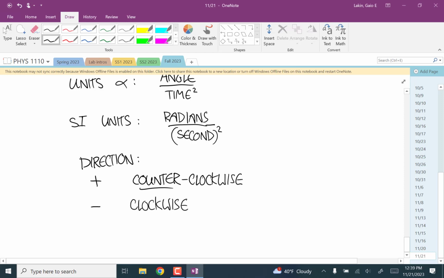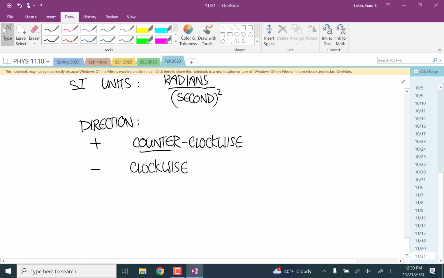Well, how do you know if it's clockwise or counterclockwise? This is going to look familiar. If omega and alpha have the same signs, the same directions, is the body's rotation speeding up or slowing down? Yep.